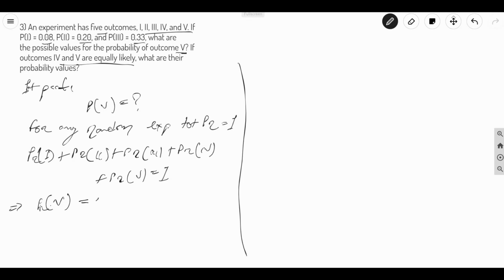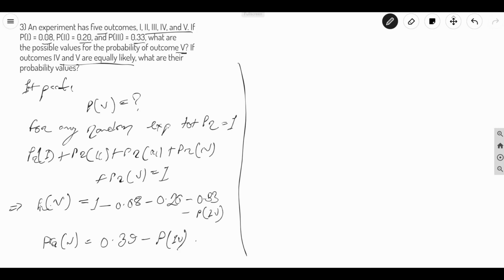Taking all these to the right side, we can write minus 0.08, minus 0.20, minus 0.33, and minus probability of 4. So we'll have probability of 5 equals 1 minus all this, which will be 0.39 minus probability of 4.